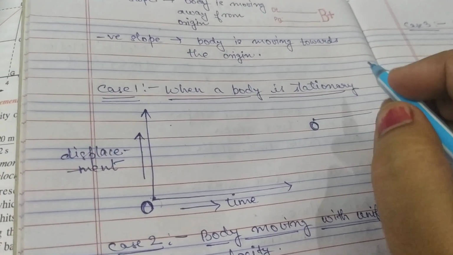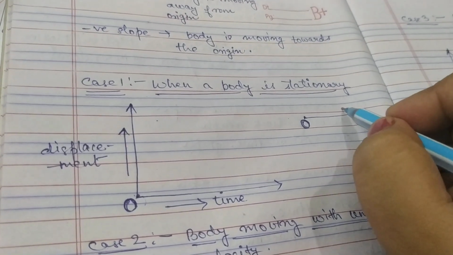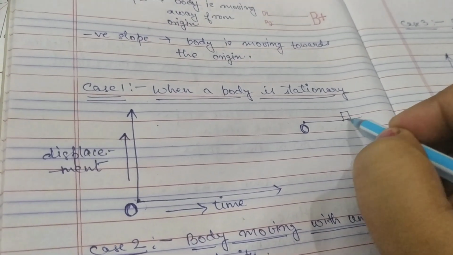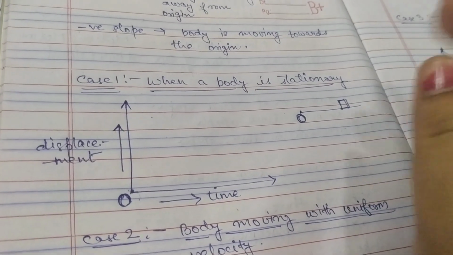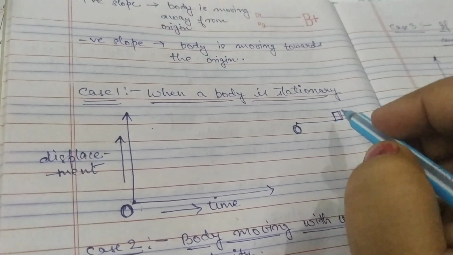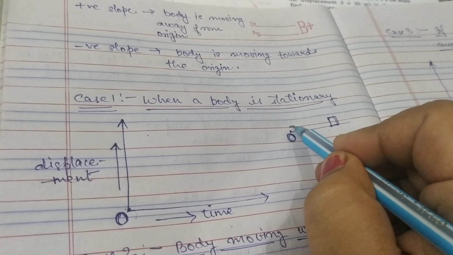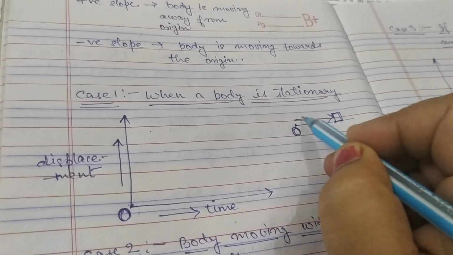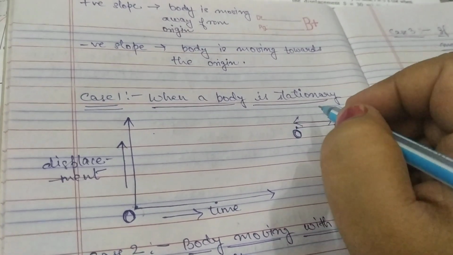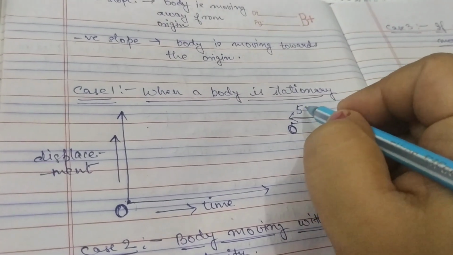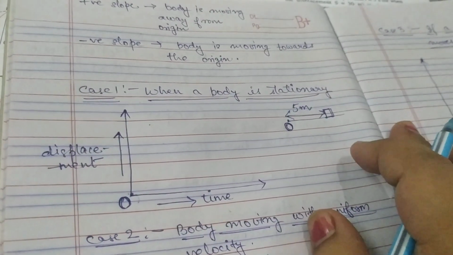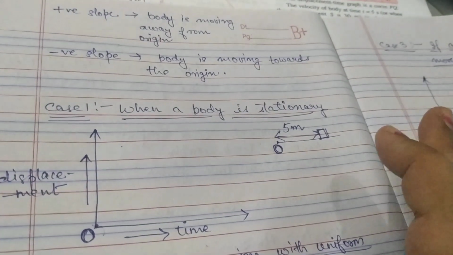Okay, so here the body is stationary. Now suppose the body is here. Okay, it is stationary over here, it is not moving. So its displacement from the origin, say this is 5 meter. Okay, but it is not moving now.